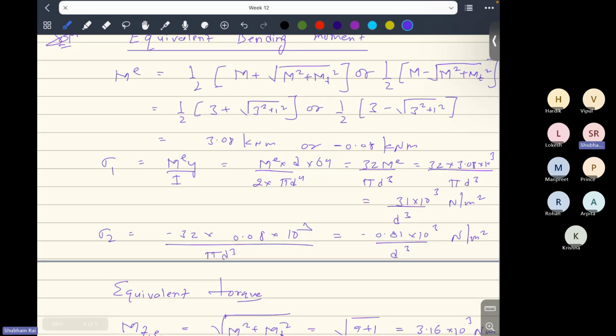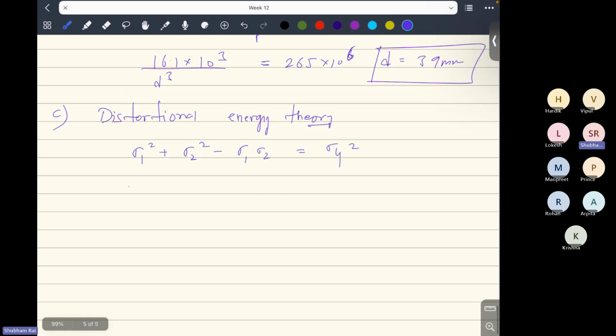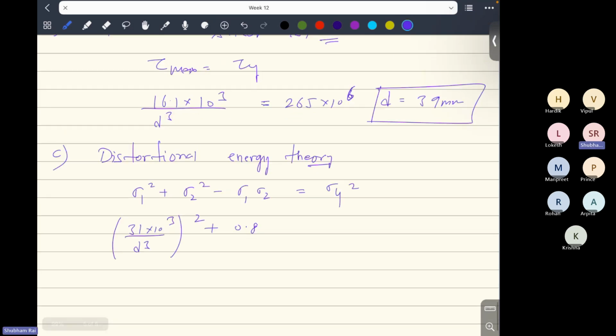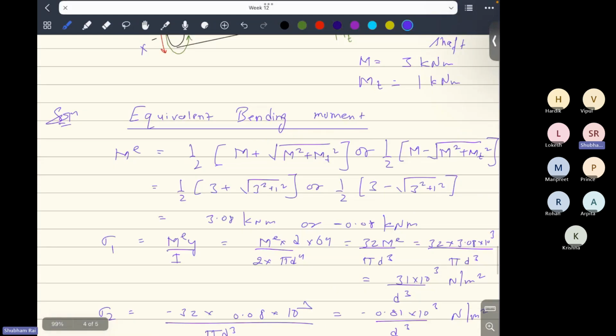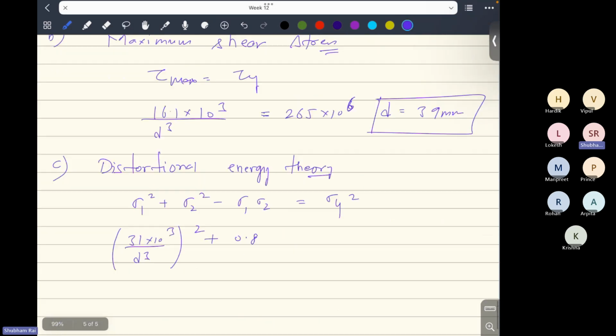So that is around 31 into 10 to the power 3 divided by d cube, to the whole square, and sigma 2 is 0.81. So 0.81.